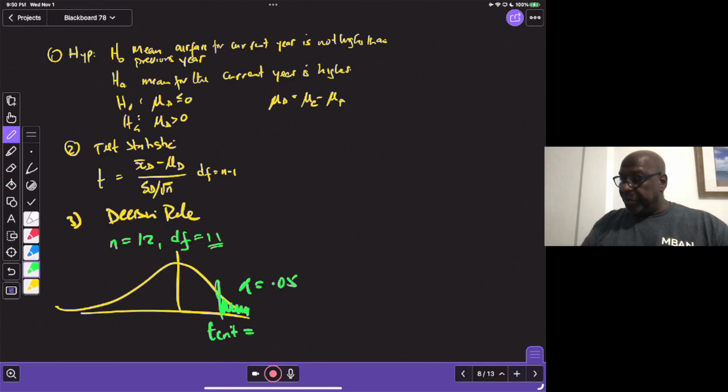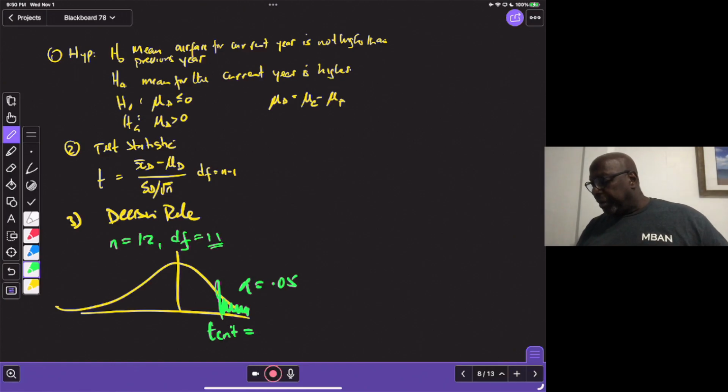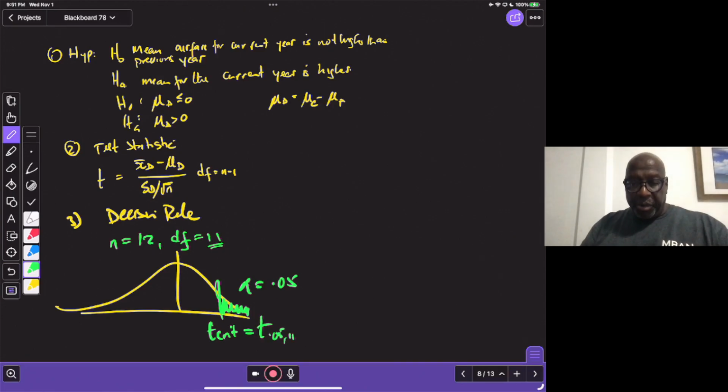So we're going to have to go ahead and find a critical value, which would be T.05, 11 degrees of freedom. And I'm going to just very quickly go over and check that out.